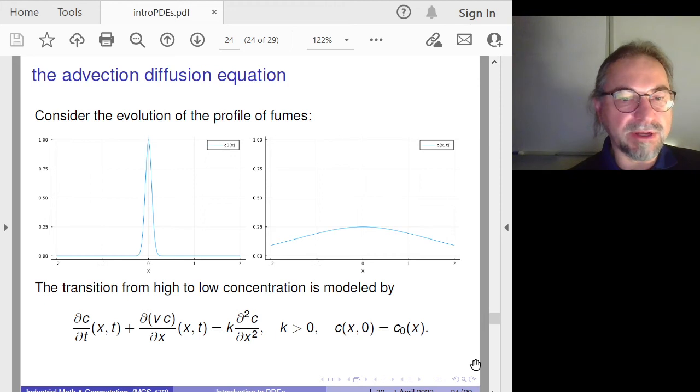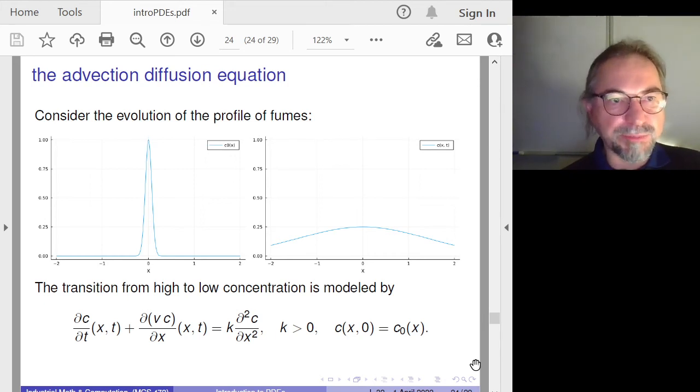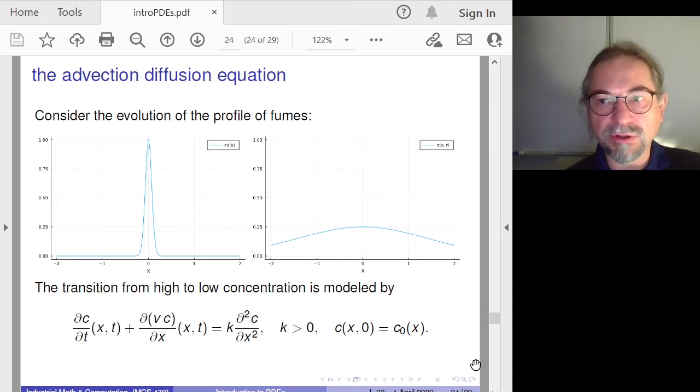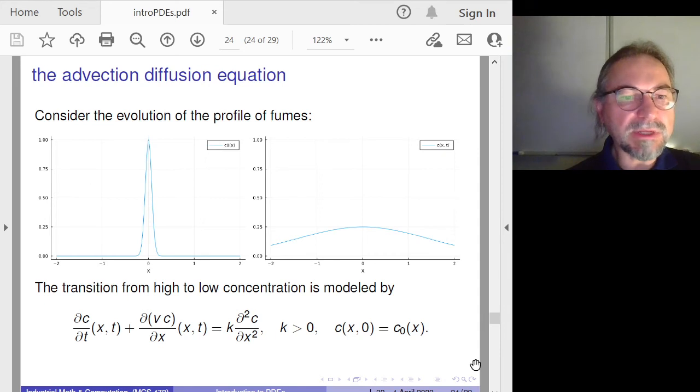So here we have the transport equation. If you look at the right hand side equals 0, it's the transport equation with diffusion. So we have our concentration, our profile that travels, and at the same time it is diffusing.